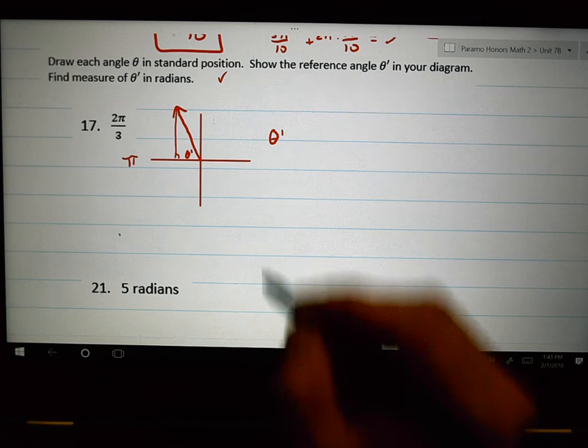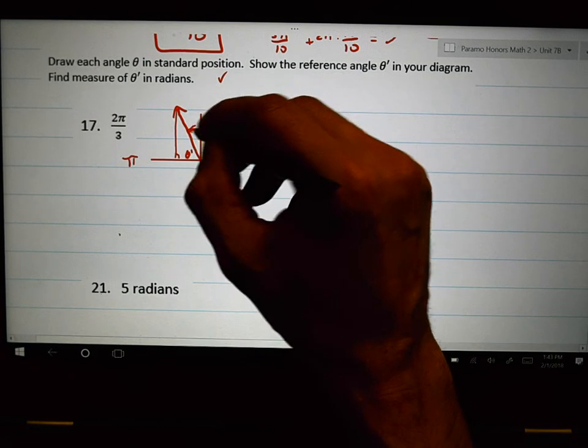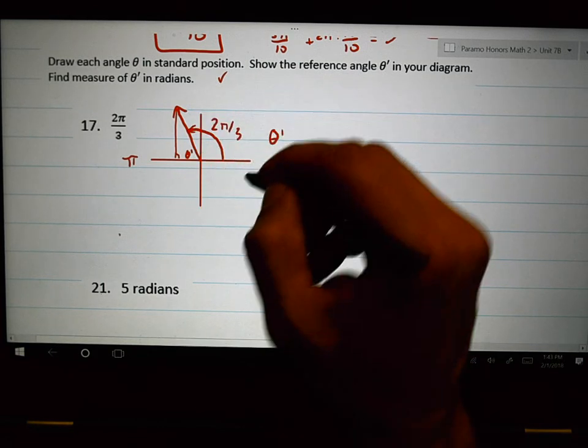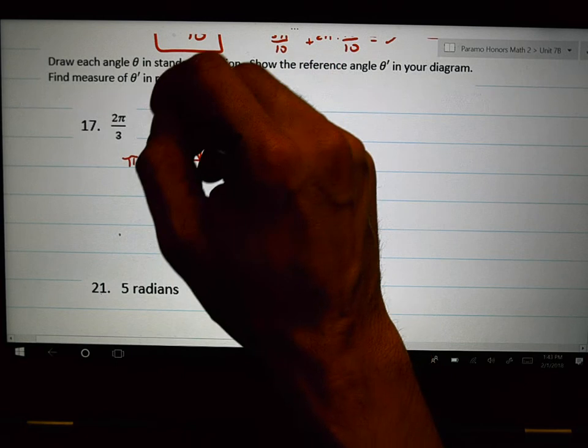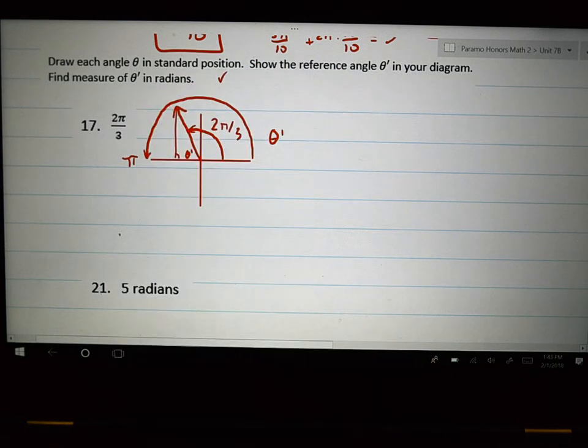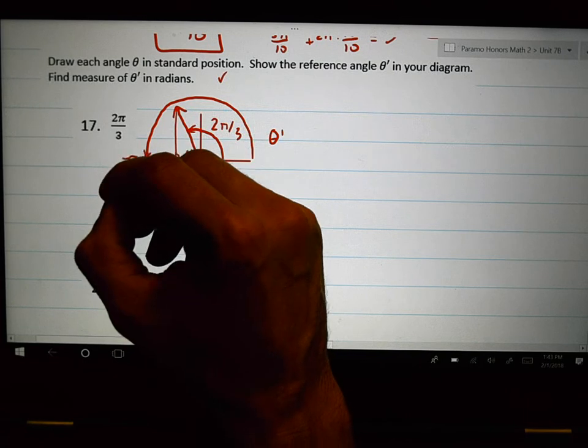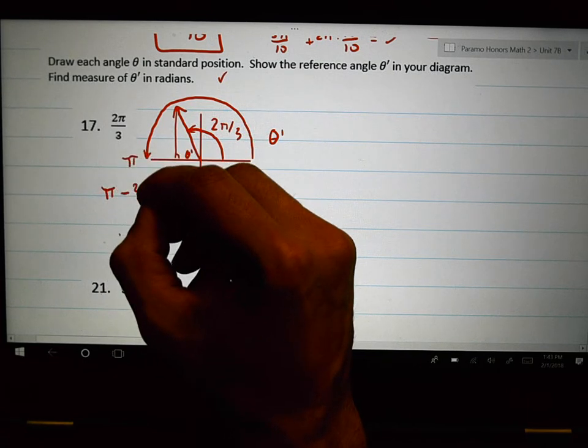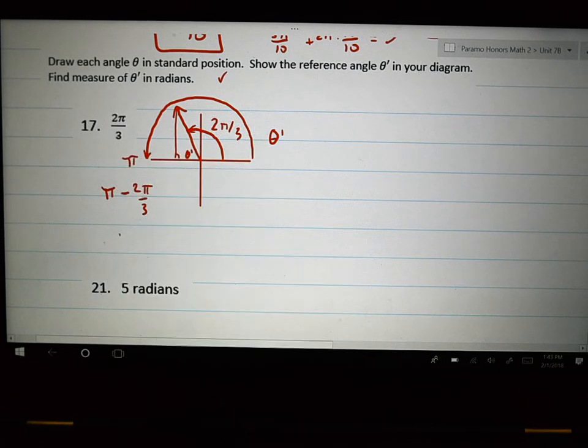Well, if this to here is 2 pi over 3, and from here all the way to here is pi radians, to figure out how big theta prime is, I just have to do pi subtracted by 2 pi over 3. It will be helpful for you to have this in terms of the common denominator.